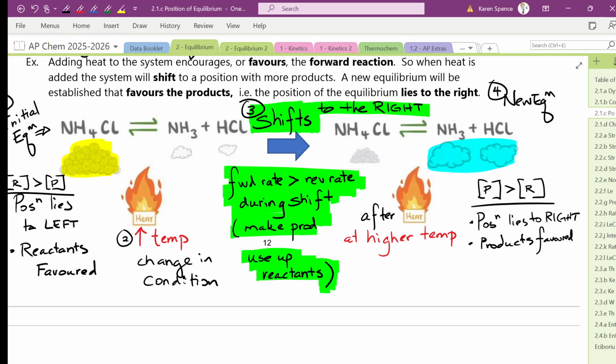Increases. But we know at some point the forward rate is bigger than the reverse rate. Have a chat with your neighbor. How is that possible when I just increased both rates?